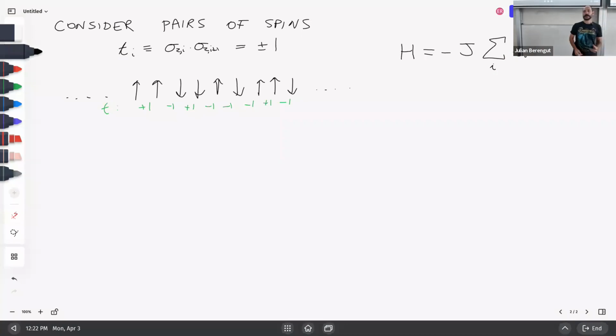Once I've got that, now I can write down the partition function. Z is equal to the sum over all of the configurations of e to the minus beta J, where J is negative, sum over i of Ti.